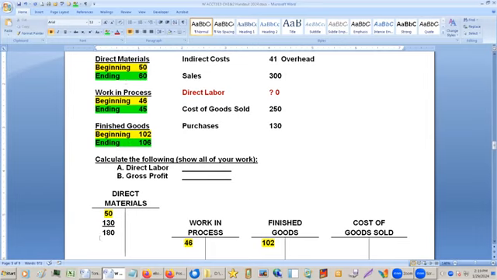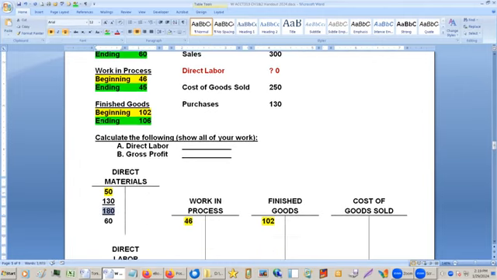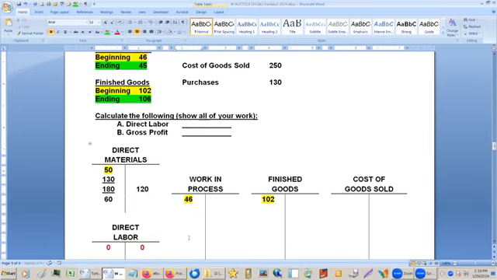Direct materials, 60. So there was 60 left in our direct materials. So how much did we use? 120.